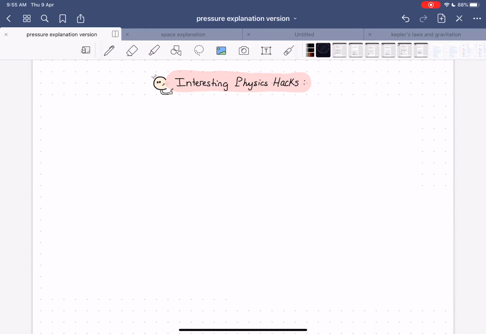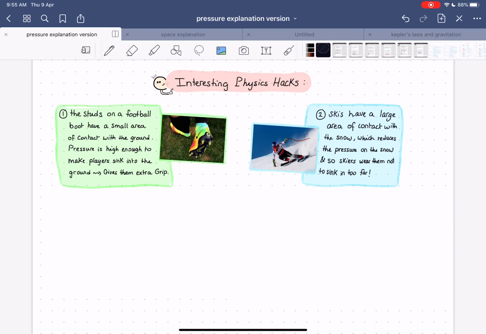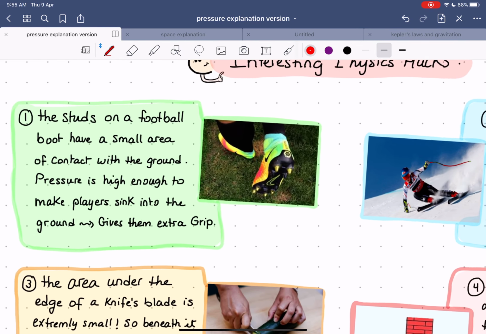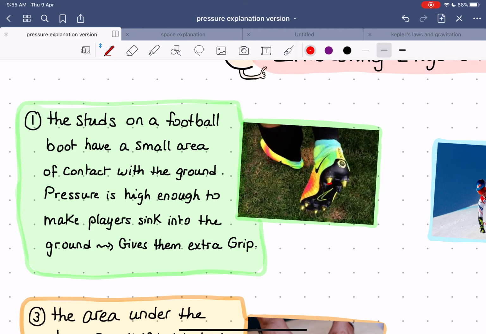Now, how can force and pressure be useful in our daily life? Here are some examples that show how important pressure and its effect are in useful things in our daily life. The studs on your football boot, as you can see, have a small surface area, so that your weight that is exerted downward will be distributed on a smaller surface area.